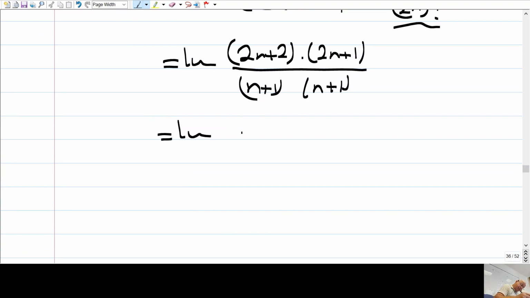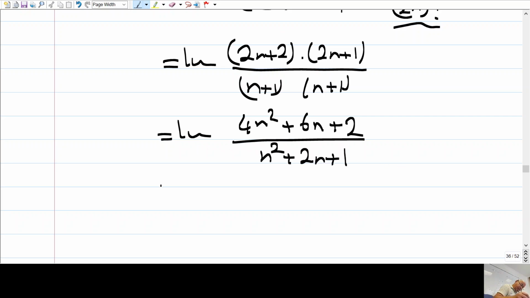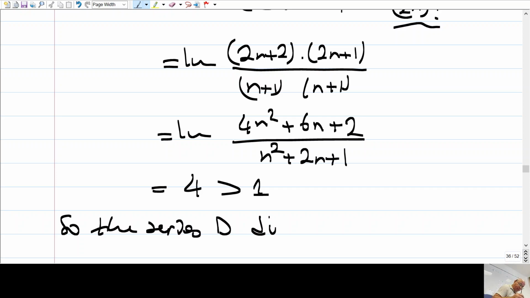And what is this limit? This is 4n squared plus 6n plus 2, 4 and then 2, so 6n. And here we have n squared plus 2n plus 1. This limit is just 4, which is greater than 1. So the series is divergent by the ratio test.